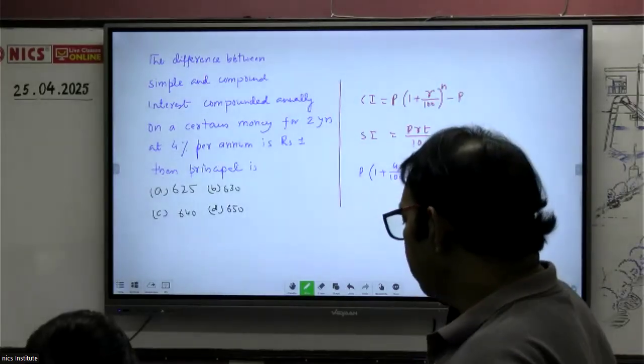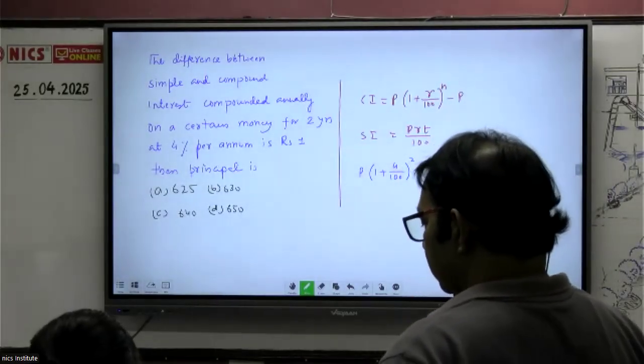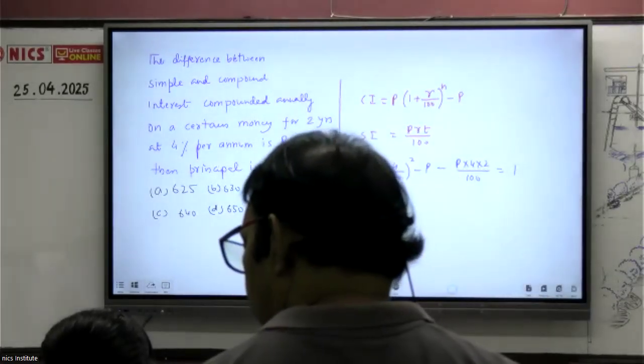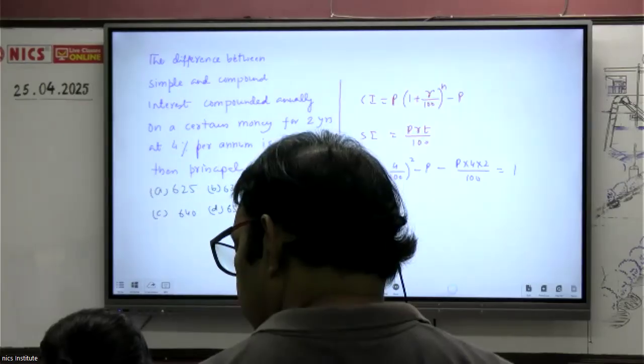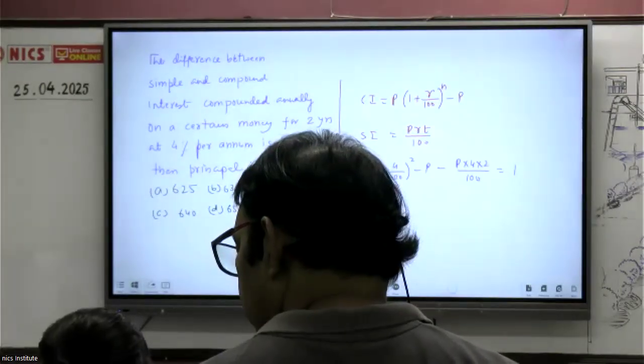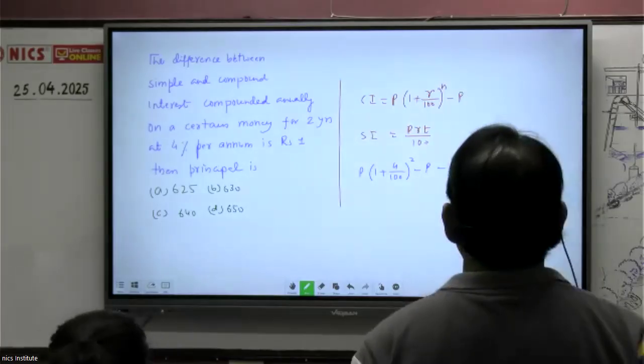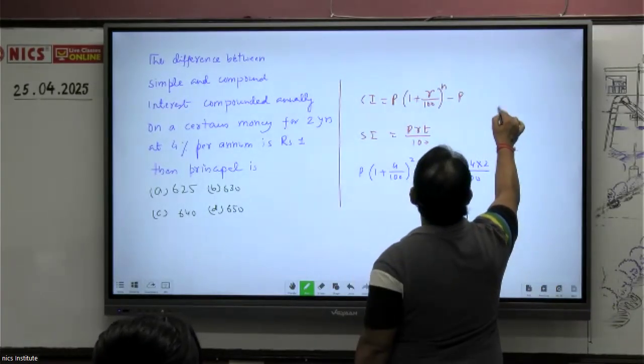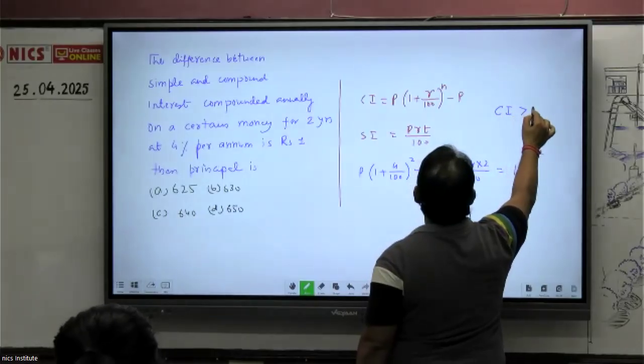You're supposed to find the principal. You can't take it 100. Take this common. No, compound interest is always more than simple interest. With the same rate of interest, compound interest is more.